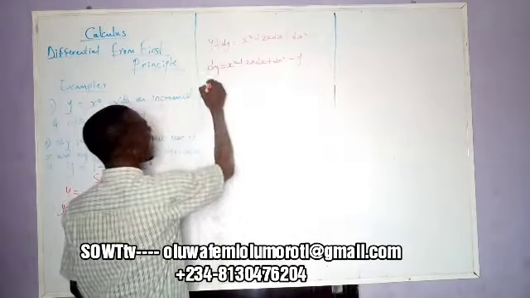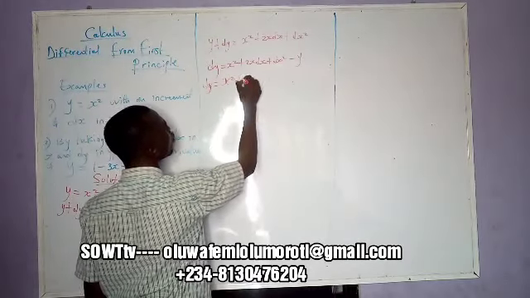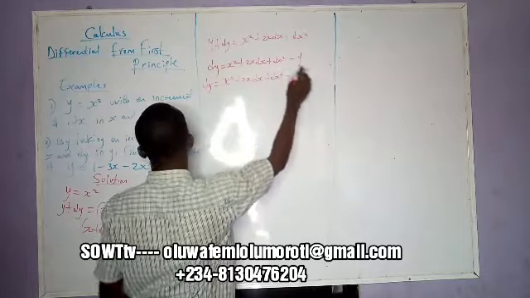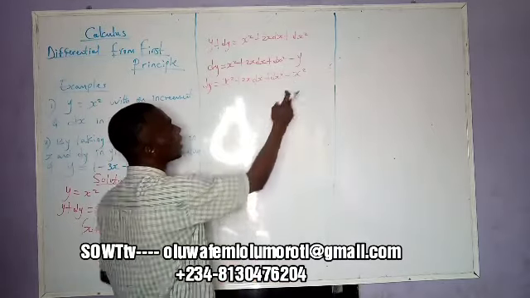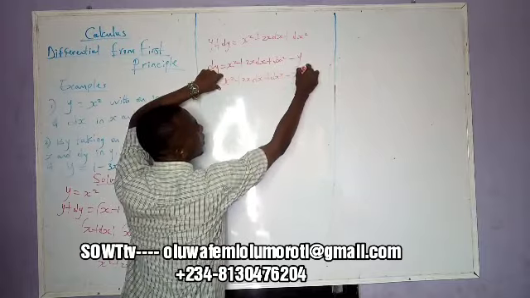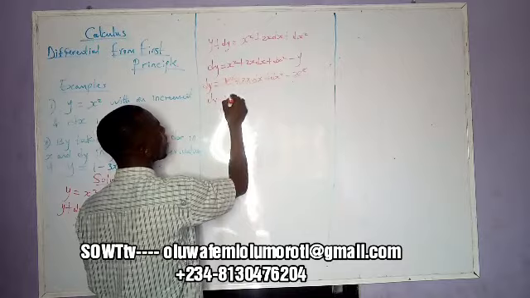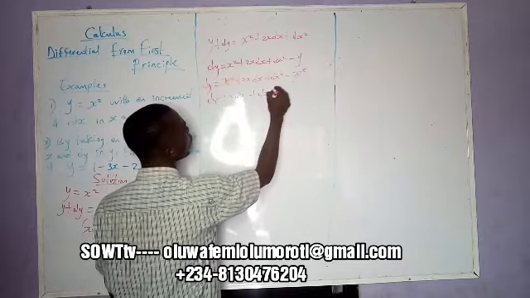So dy equals x squared plus 2x dx plus dx squared minus the value of y, which is x squared. Where necessary, let's cancel out. This is plus x squared, this is minus x squared, they will cancel out. So we are left with dy equals 2x dx plus dx squared.